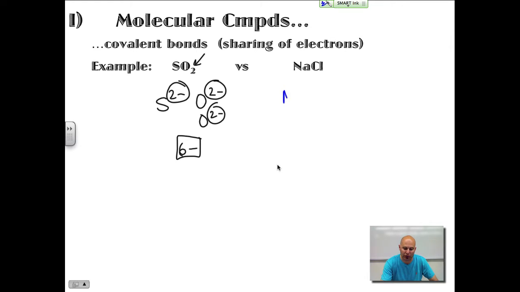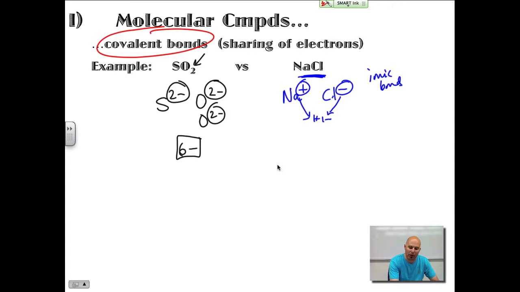Versus when you look at sodium with chlorine, notice the 1+ and 1-, we have the right amount of them. The positives and the negatives are canceling each other out. This, of course, is an ionically bonded substance versus a covalent bond, the sharing of electrons, in this example.